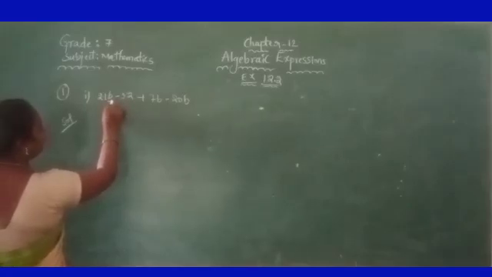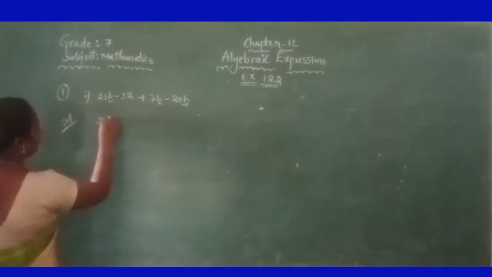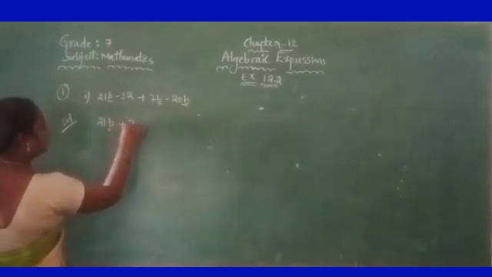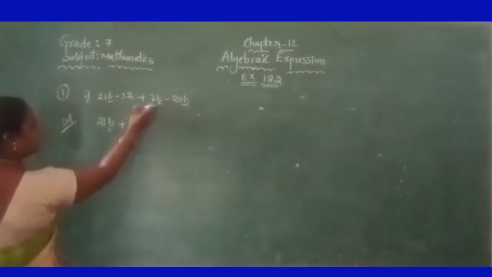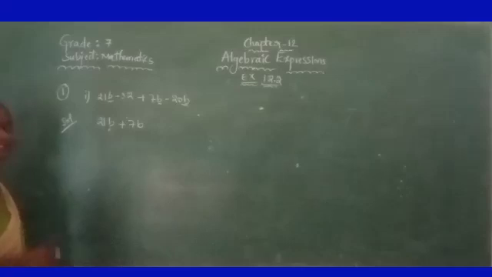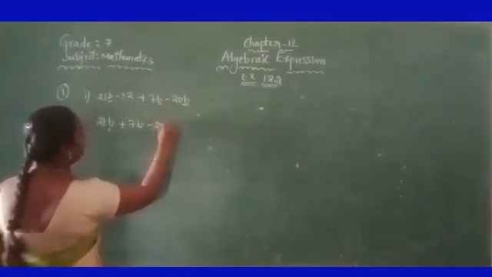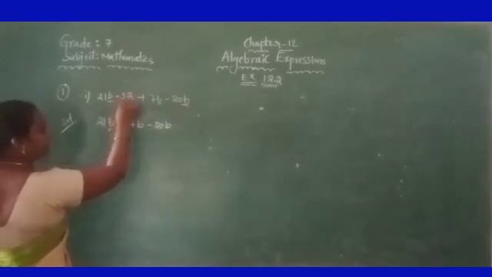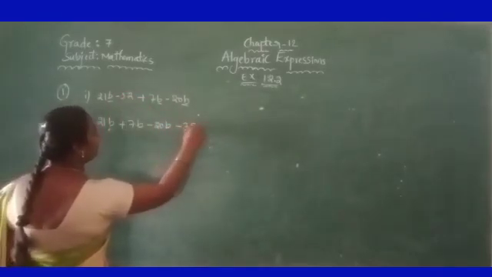Here we have b and b. Bring 21b, including the sign before it, then plus 7b minus 20b. The constant has a negative sign, minus 32.